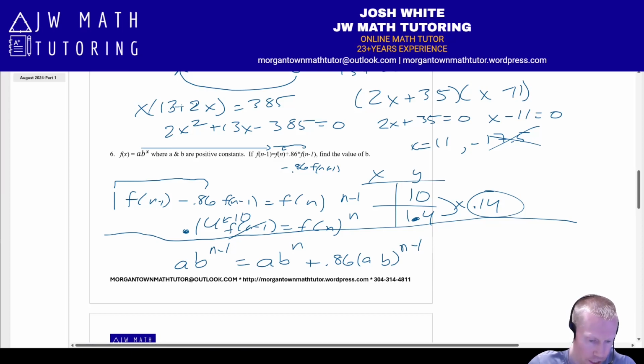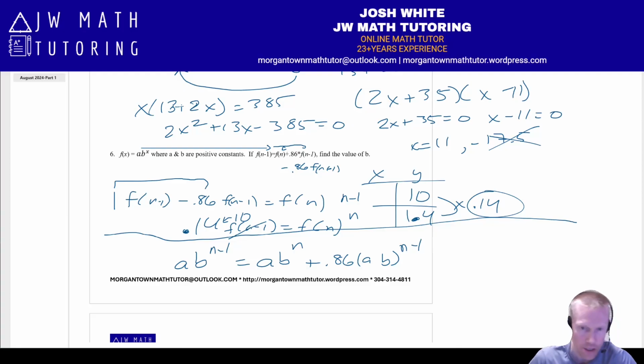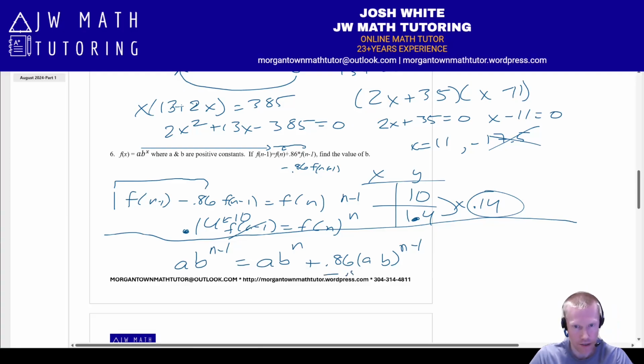So then what I did is went through the same process. Let me just look at my notes here. Yeah, I went through the same process. I subtracted this over to the other side, and I got 0.14 a b to the n minus 1 equals a b to the n. Notice, first of all, you can divide by a, they will cancel out. Okay? It's just a constant, it's not 0, and so therefore we can just get rid of that.